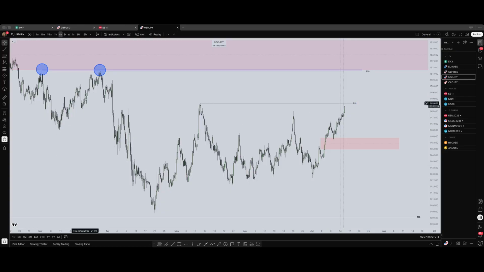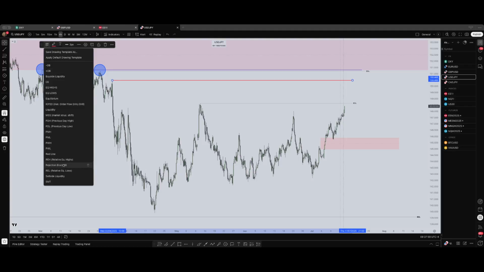Next levels are this high and these two relative equal highs. It doesn't mean that price will go straight to those levels. Maybe there's a retracement here after price takes liquidity here.